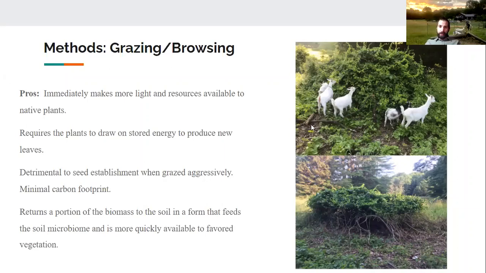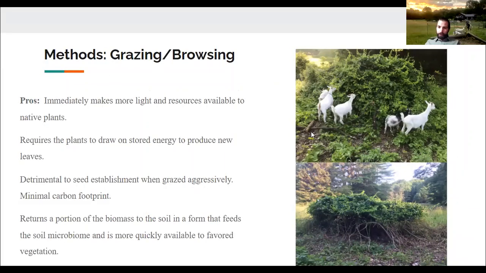The other thing that's happening when you're browsing animals on the vegetation is that you're essentially robbing the plants of their ability to photosynthesize. So as they're photosynthesizing, invasive plants tend to store a lot of energy in their roots.